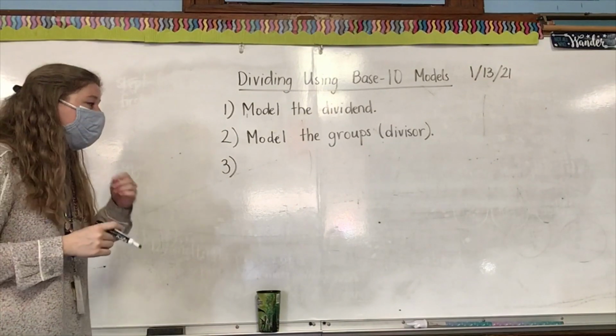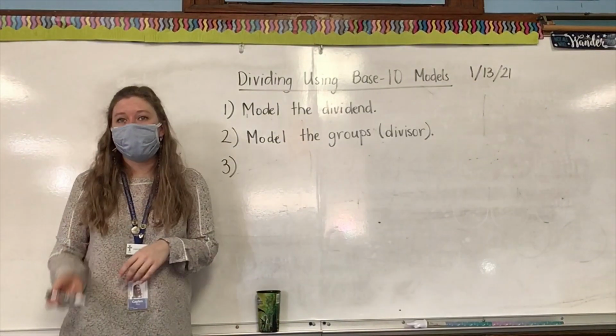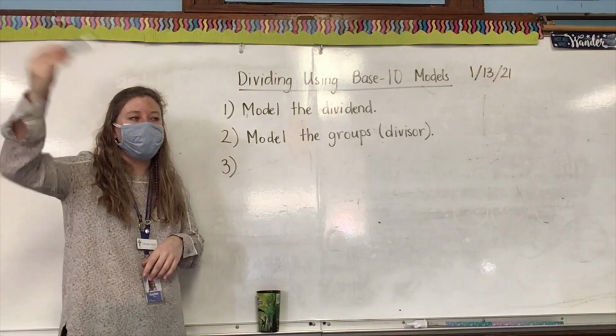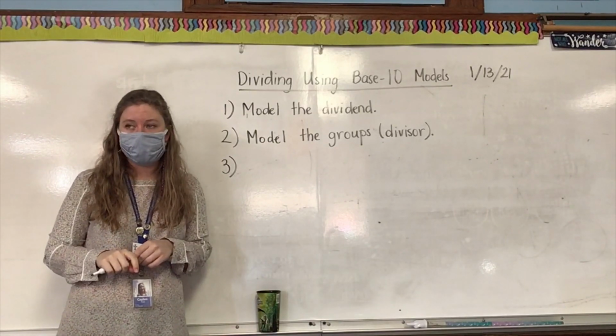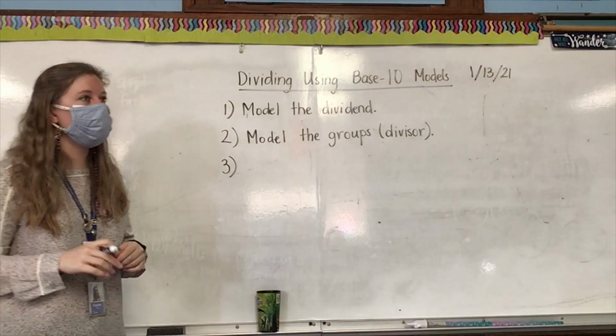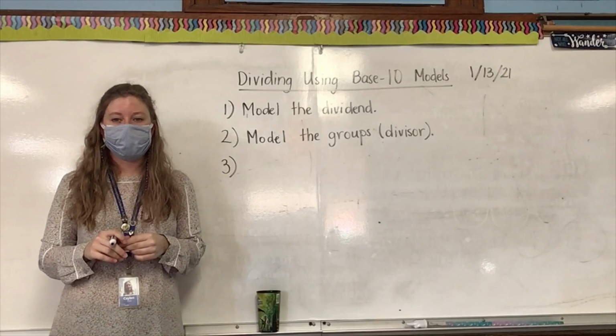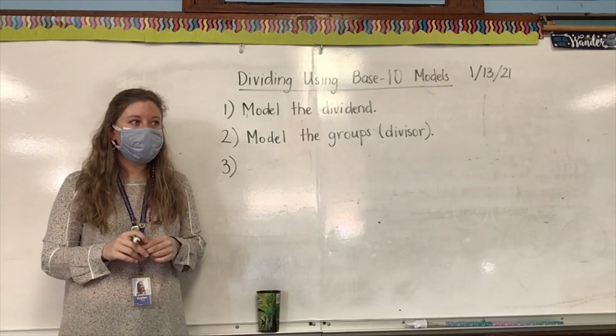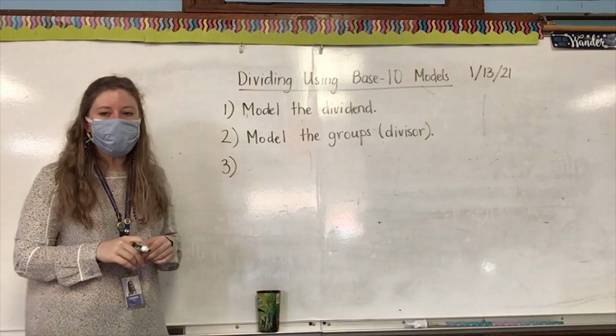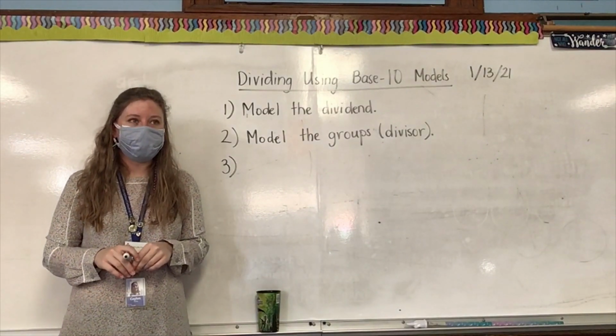Okay, step 2, we model the groups. The divisor tells us how many groups. We use large circles to show the number of groups. Now, step 3, what did we do next? Zadie. Divide the ones. Nope. Mason. Divide the tens.